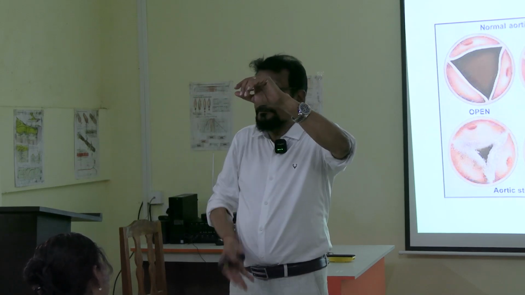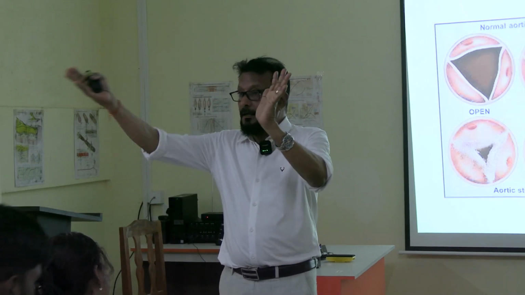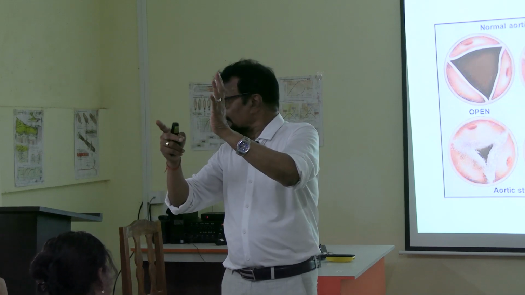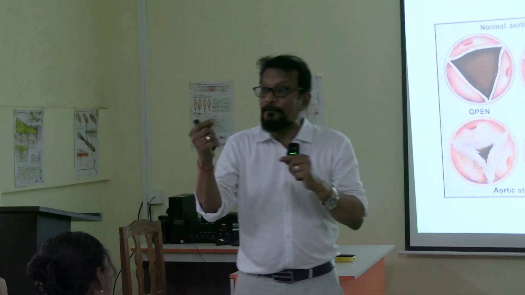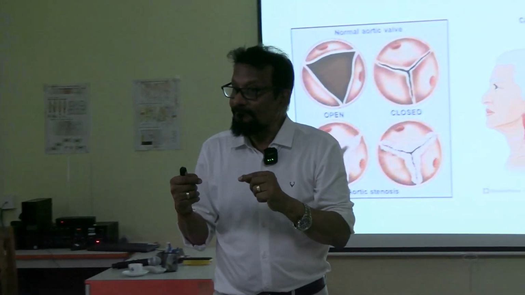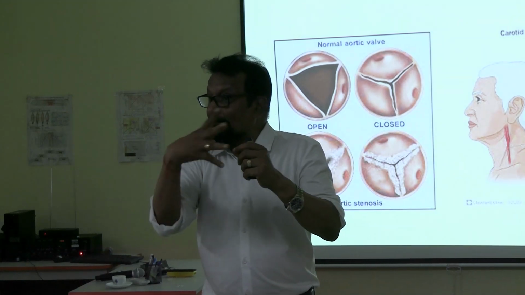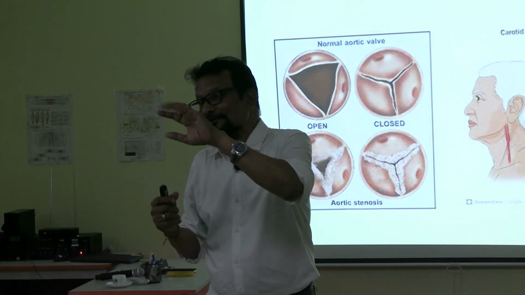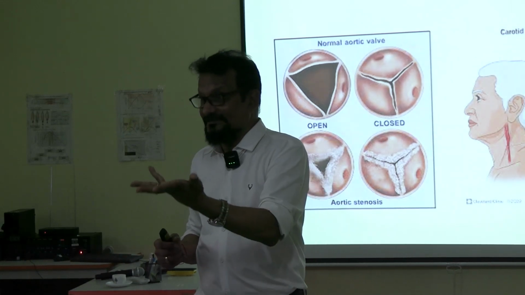The wall of the heart, the atrioventricular wall, or within the atrium there is the intra-atrial septum, and the intraventricular septum, they can be perforated. If it is perforated, every time blood passes through a narrow lumen, it will produce turbulence and you will hear the sound continuously.